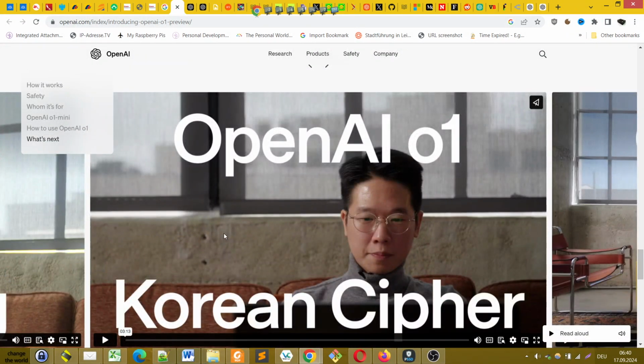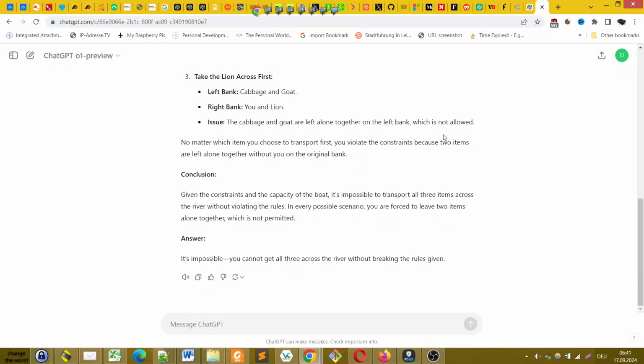Generally, as a summary, it's good for use cases where you need multiple sequencing steps to reason, to think, and where you have multiple dependencies, like this cabbage and goat, and you need to think about things step by step. That's why it probably will be quite great for coding problems and challenges, for creating code, creating more complex software situations where maybe even multiple software scripts need to work together.